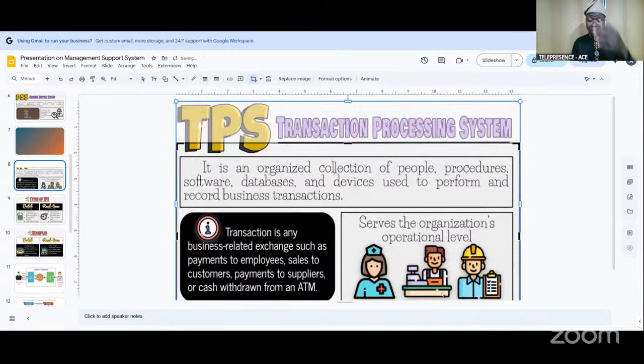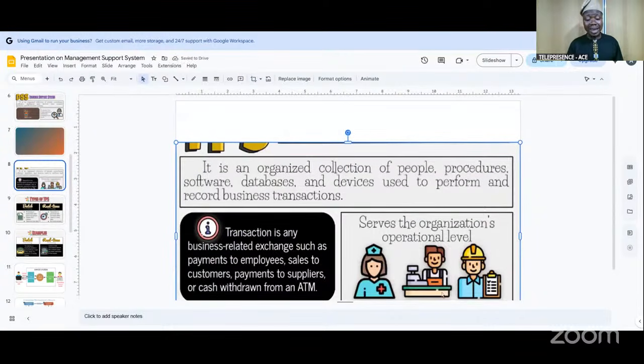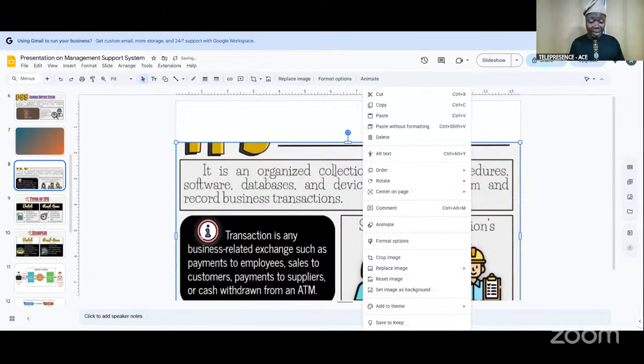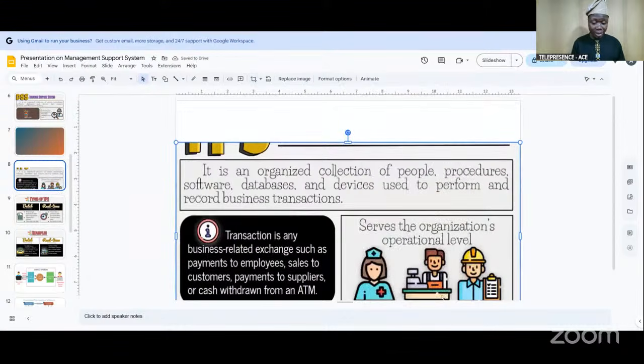All those are required data in a transaction processing and payroll system. So a payroll is an example of a transaction processing system.